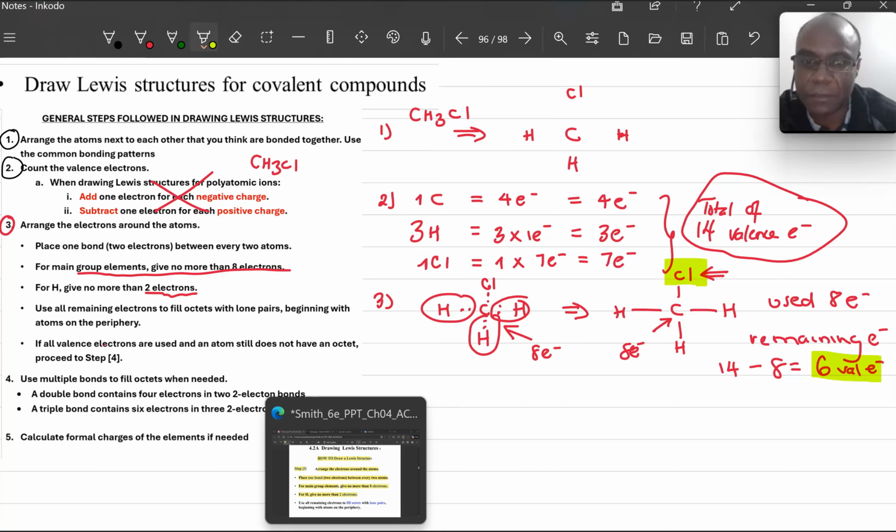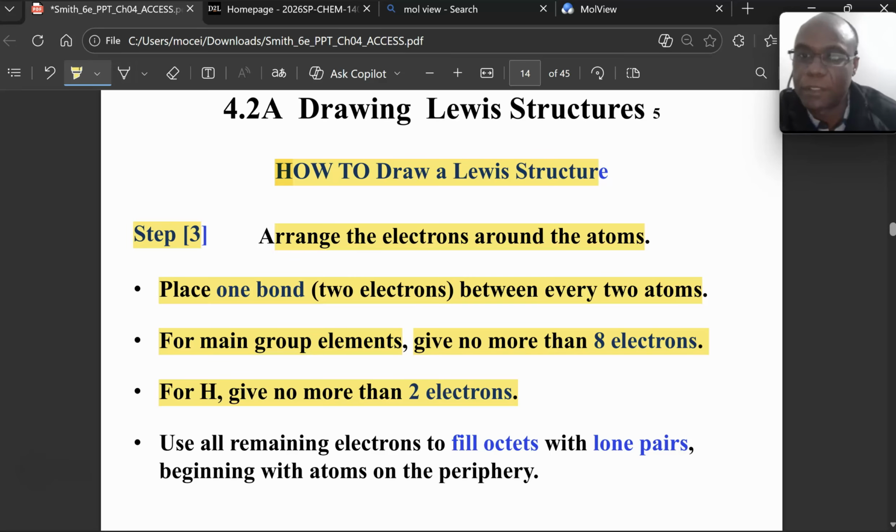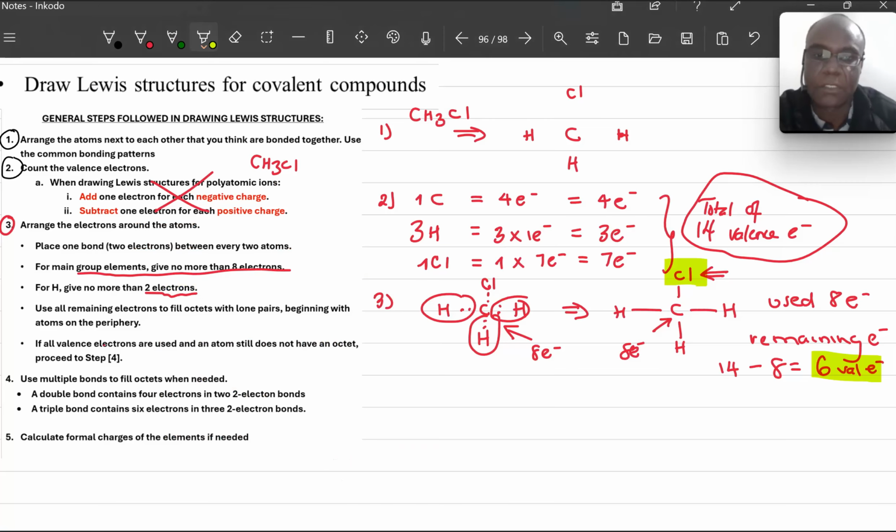Let's read the next rule. Use remaining electrons to fill octets with lone pairs, beginning with the atom on the periphery. Periphery just means outside. So which atom is outside? Our chlorine. So in the same step 3, since we made our bond already, this chlorine is going to be happy with the extra 6 electrons.